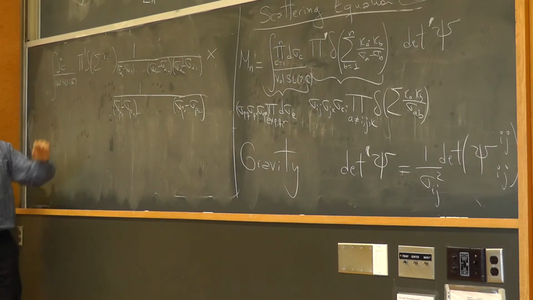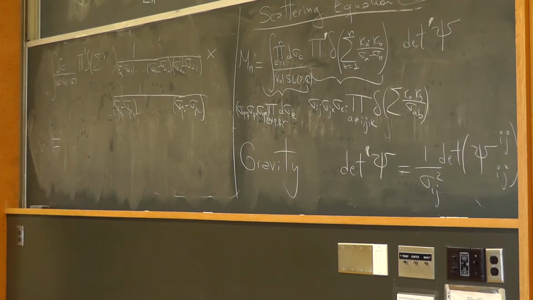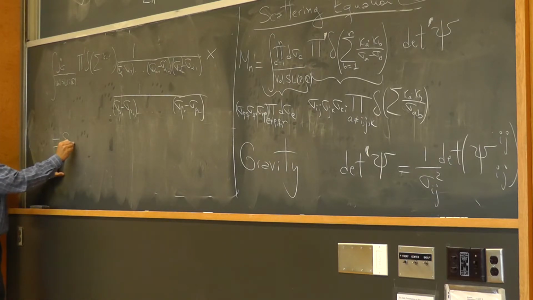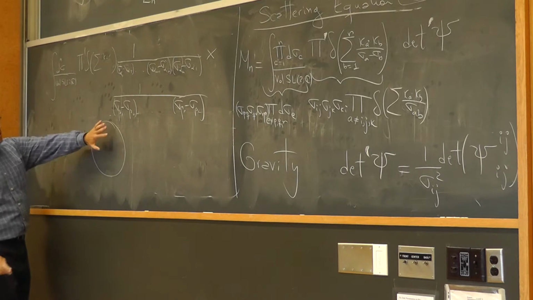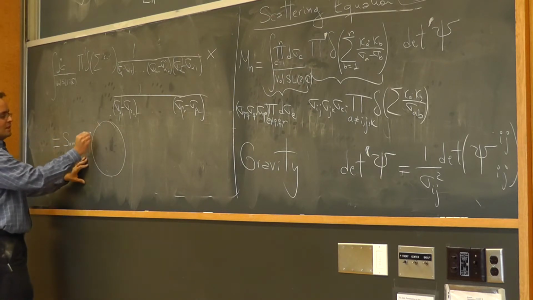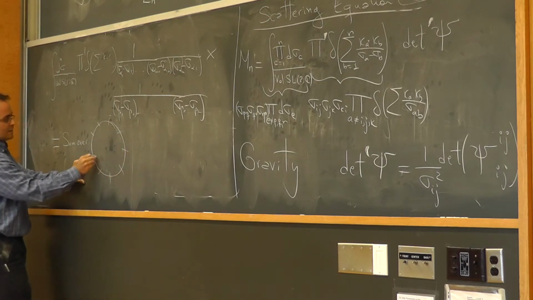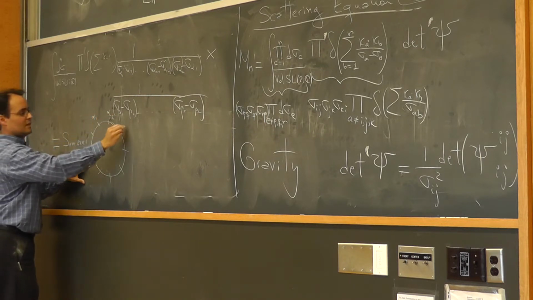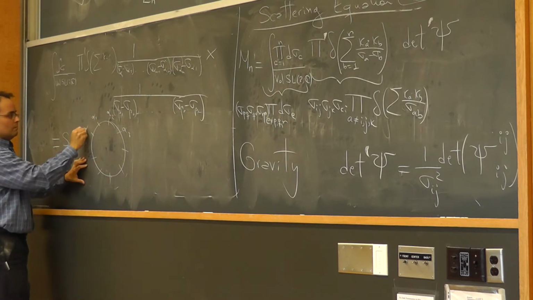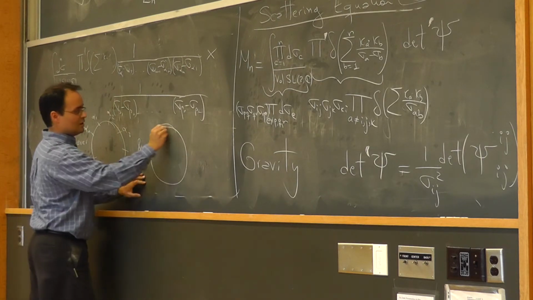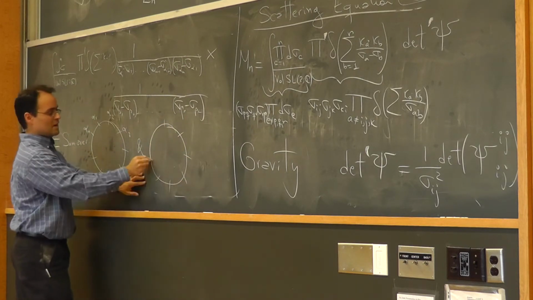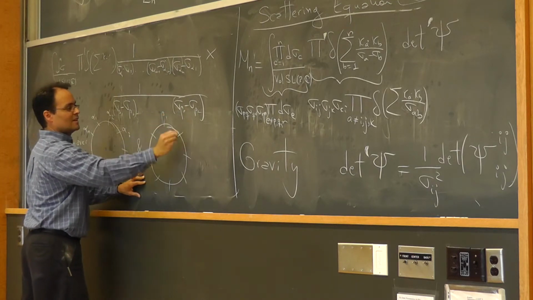Now what this is equal to is the following. It is equal to the sum over all trivalent graphs that you can embed on a plane such that the external particles fit nicely in a disk like this. And also, you can make them fit in a disk like this.